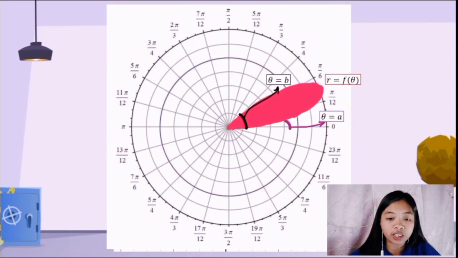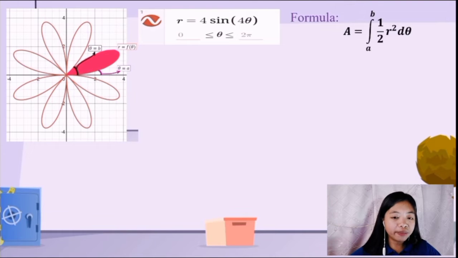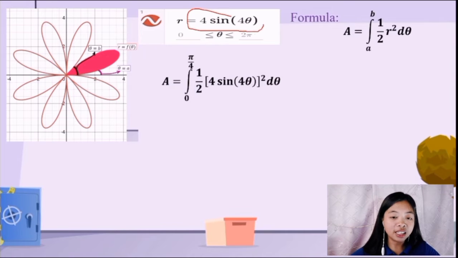As you can see here, the beta angle is at 45 degrees and our alpha angle is at 0 degrees. Therefore, the area will be the definite integral from 0 to pi over 4 of 1/2 times r squared, or 4 sine 4 theta squared, d theta.